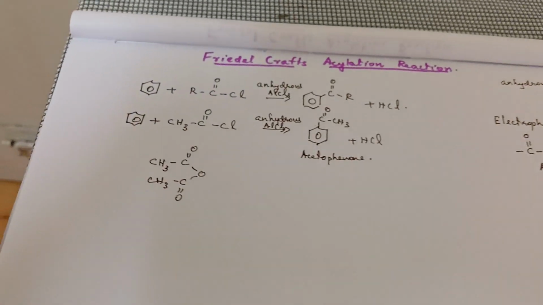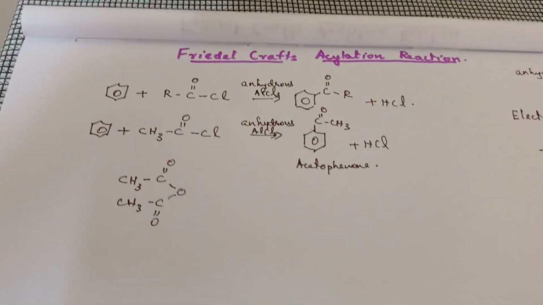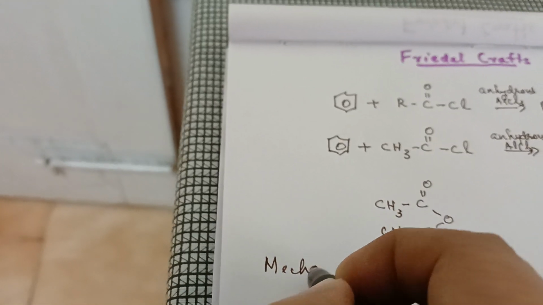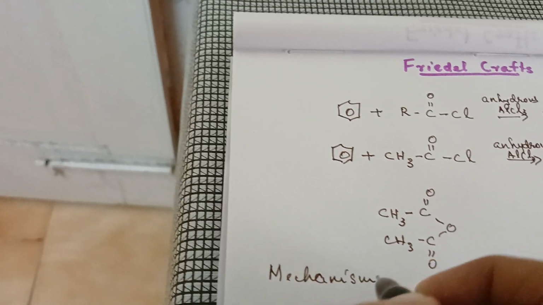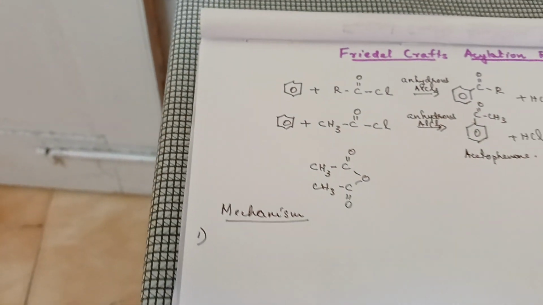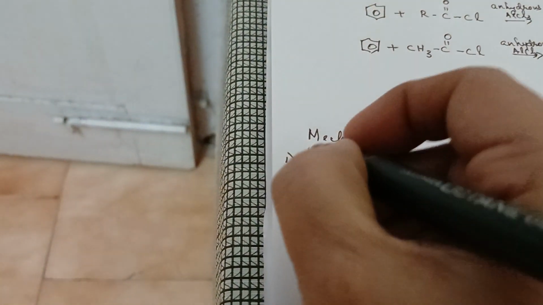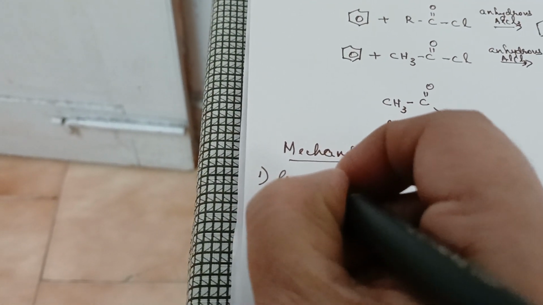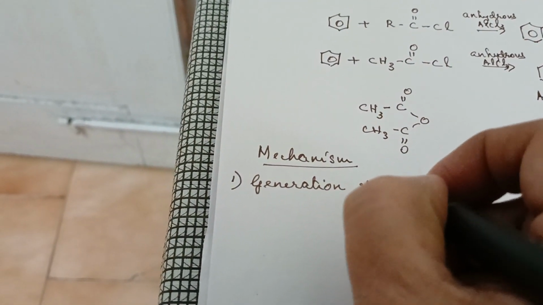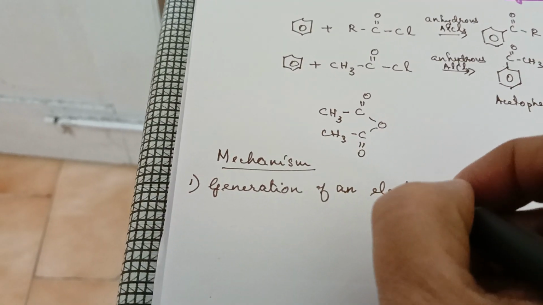If we look at the mechanism of Friedel-Crafts reaction, you can see the mechanism can be divided into 3 steps. First one is the generation of an electrophile.